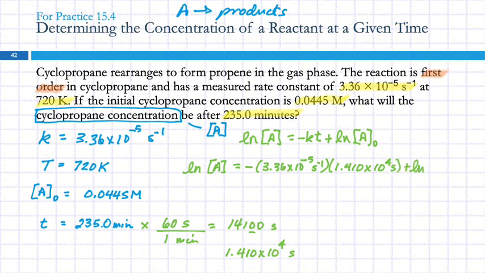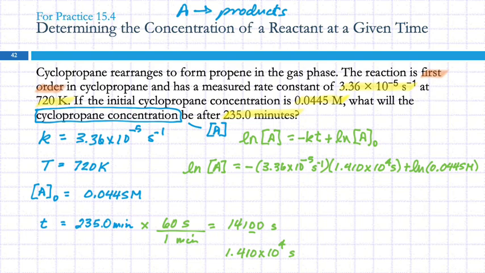Plus the natural log of the initial concentration. Initial concentration was 0.0445 molar. So we can calculate that side. Negative 3.36 EE minus 5. You should get your calculator out and make sure that it is cooperating. Times 1.410 EE 4.